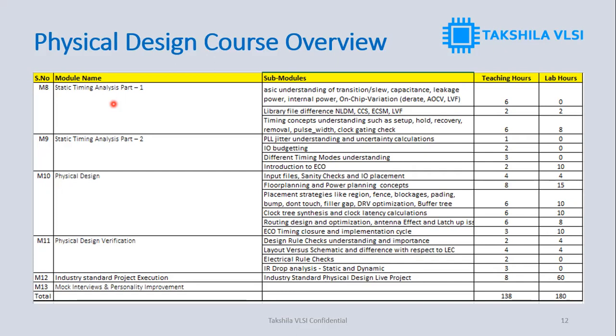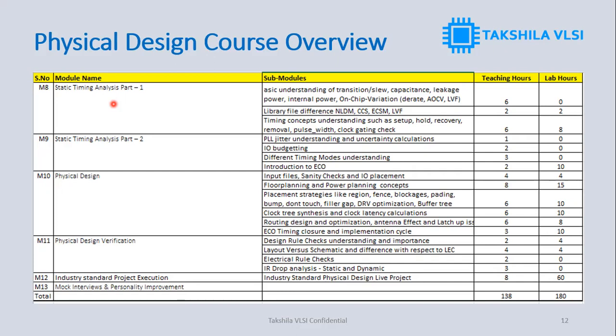Basically, the basic definition of delay is that delay depends upon input transition and output load. So the output load values and the input transition values are present in the lib file based on the different library modelings like NLDM, CCS, and ECSM.